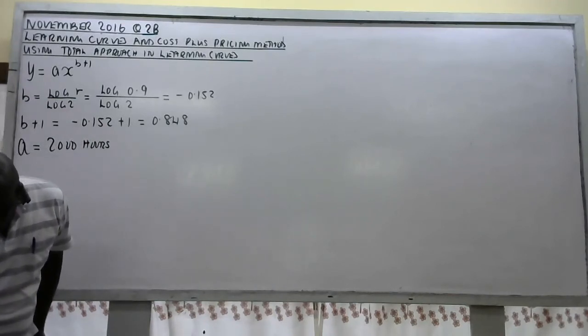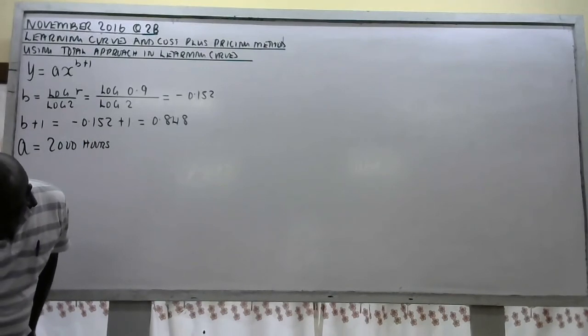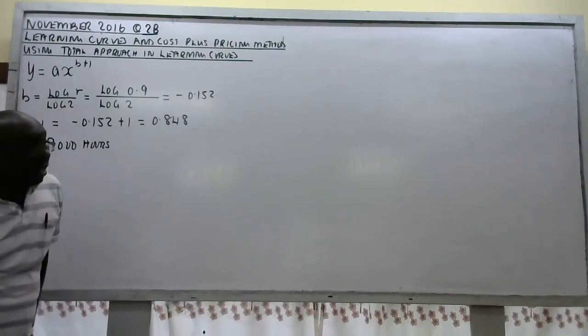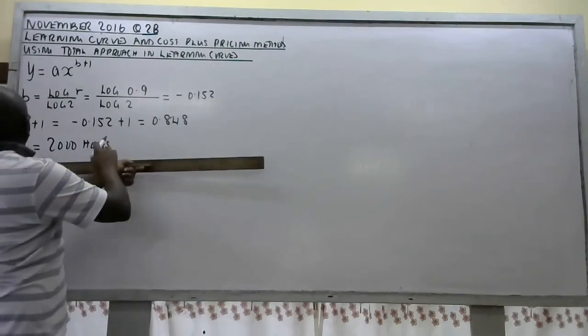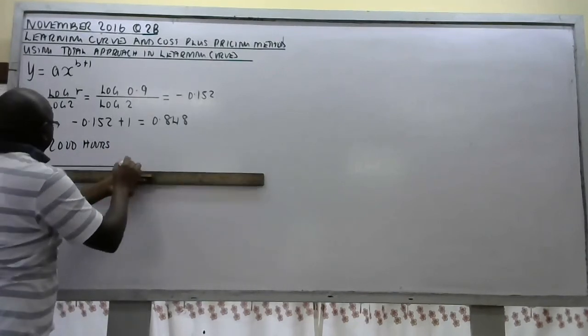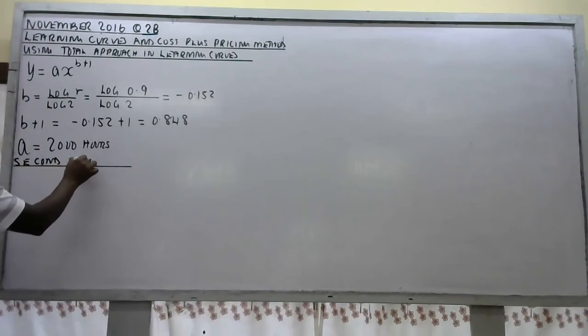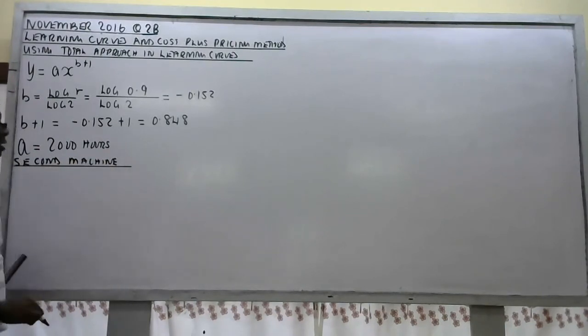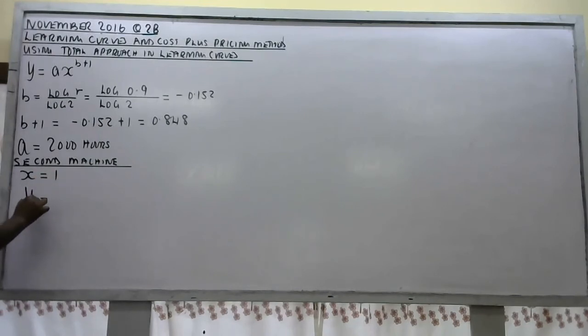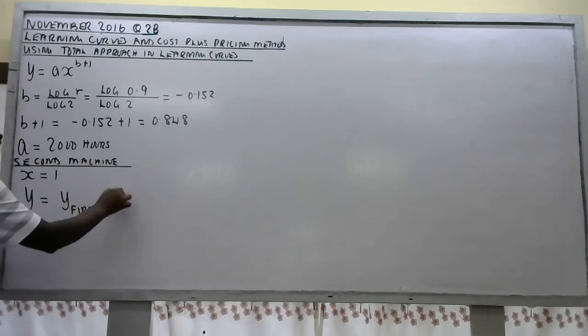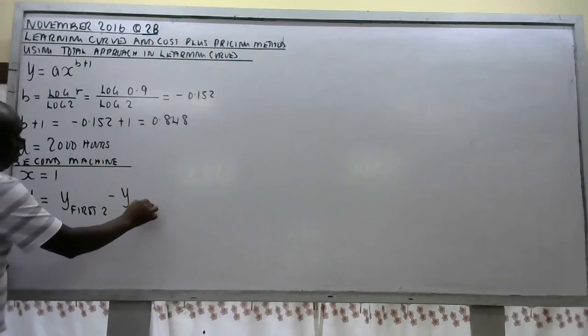I want first of all to deal with the second machine. X will just be 1 because it's just one machine. Then Y will be Y for the first 2 minus Y for the first 1.